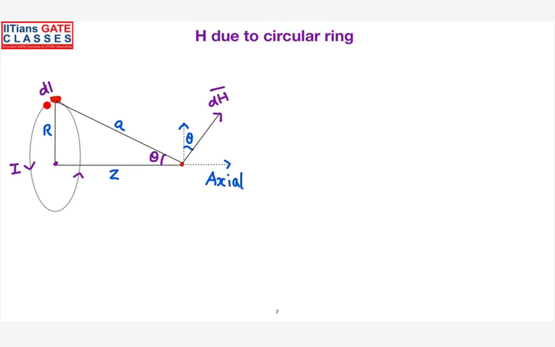The moment the current is flowing in the anti-clockwise direction, what will be the direction of the magnetic field? Along Z, very good. Yes, along the Z, correct.